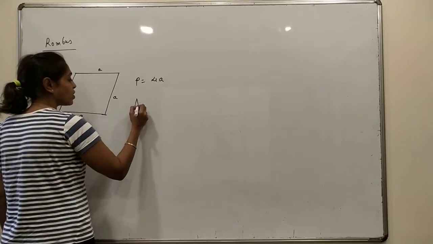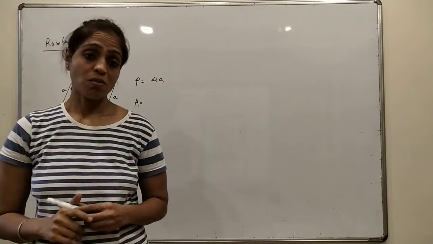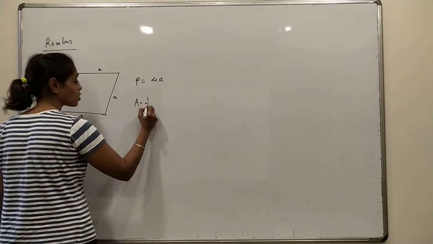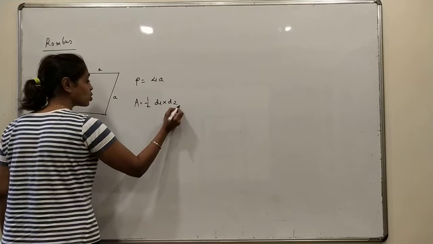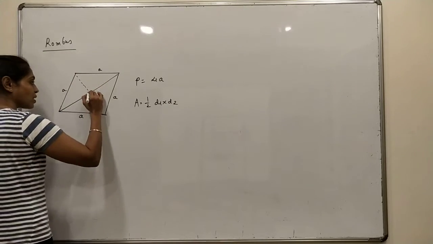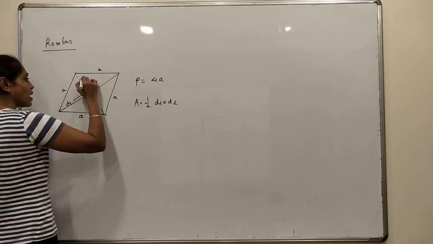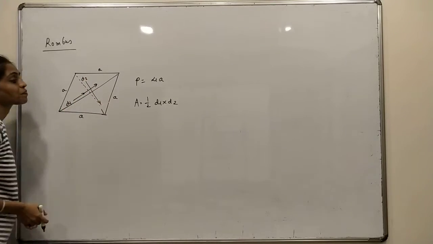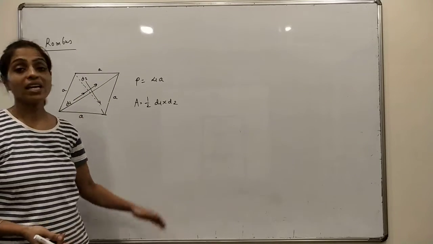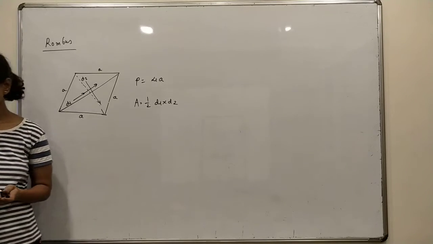And the area is equal to, you cannot find it from the side, so its area is equal to 1/2 of diagonal 1 into diagonal 2, as the lengths of both the diagonals are not same. This is diagonal 1 and this is diagonal 2. So 1/2 of diagonal 1 and diagonal 2 is the area of rhombus. Okay, and diagonals are not same, be careful.